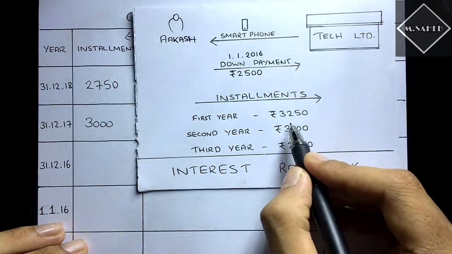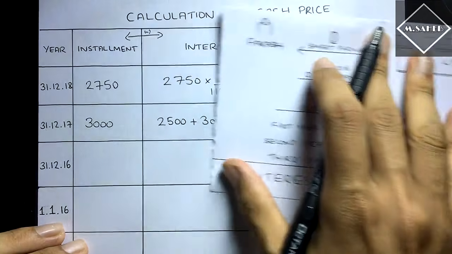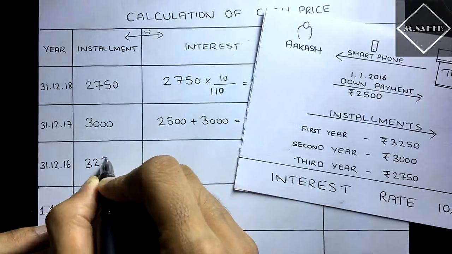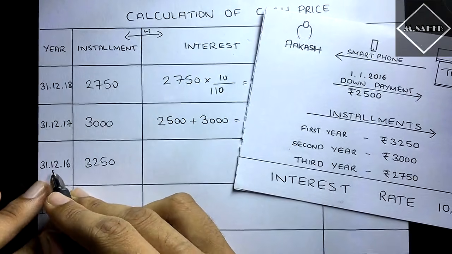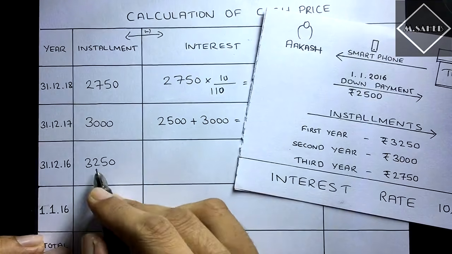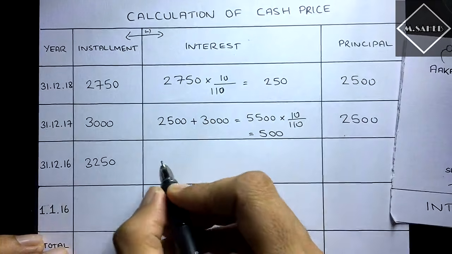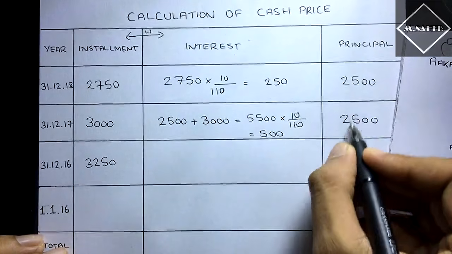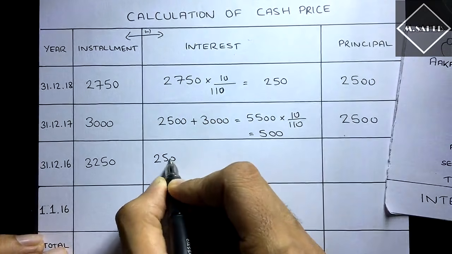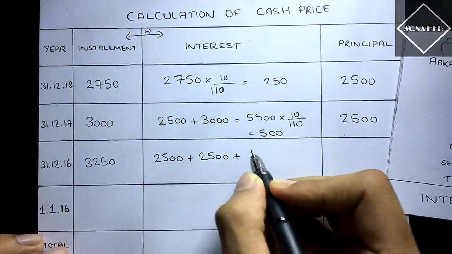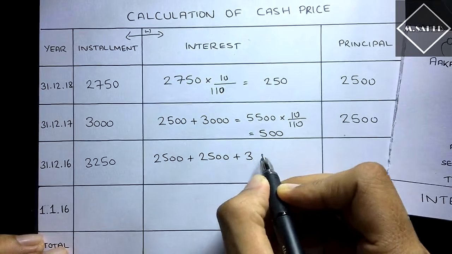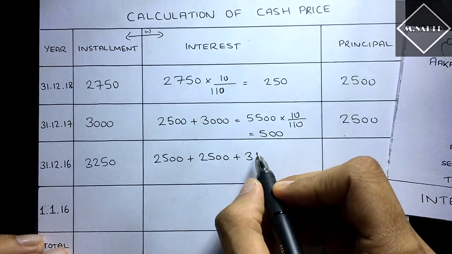Okay, so now let's do the first installment. See, now we are taking first installment, that is 3250. We reach 31/12/2016. But before that take these two, 2500 plus 2500. So we have to keep on adding the principal amounts so that the whole outstanding balance can be found out.